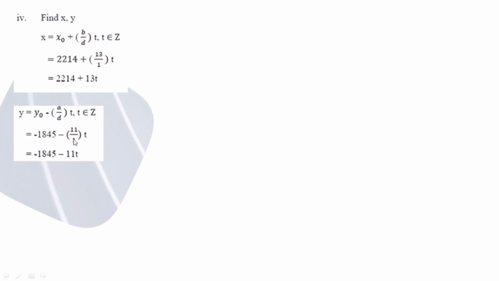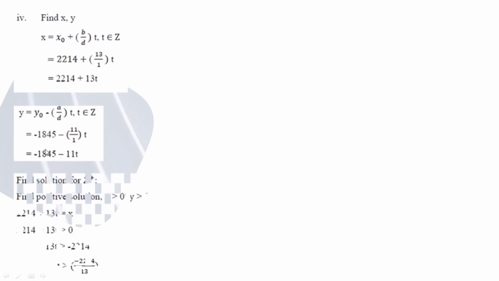As the previous part, we have substituted the value of a as 11 and d as 1 and times with t. So we will get negative 1845 minus 11t.